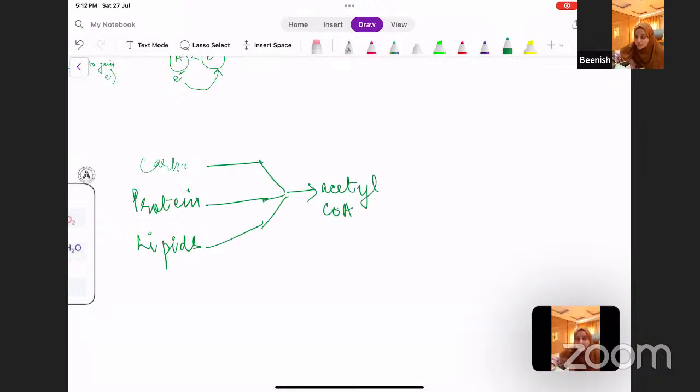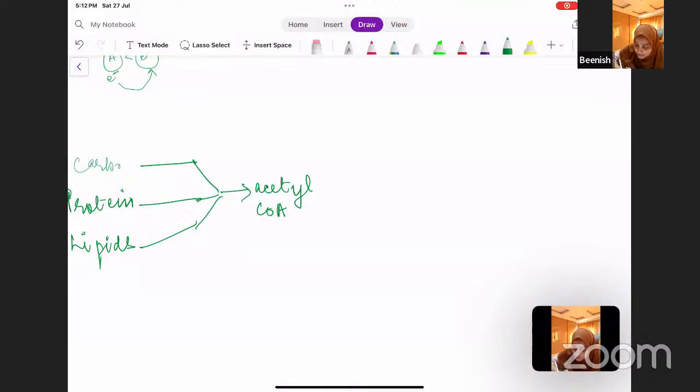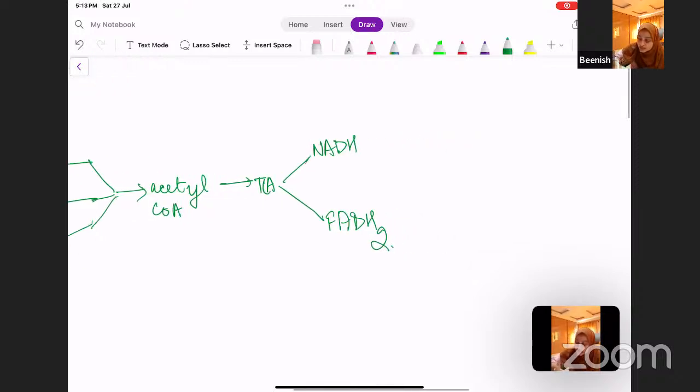They're all forming acetyl CoA. Then this acetyl CoA is going to enter the TCA cycle. In the TCA cycle, your NADH and FADH2 are being formed. Those are your reducing equivalents that are formed. Now this NADH and FADH2 is going to enter the electron transport chain.